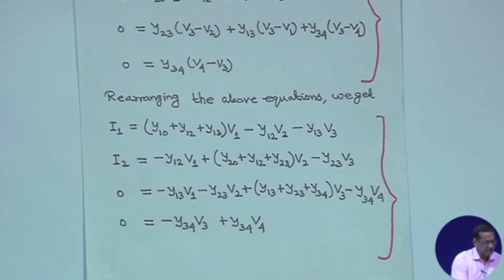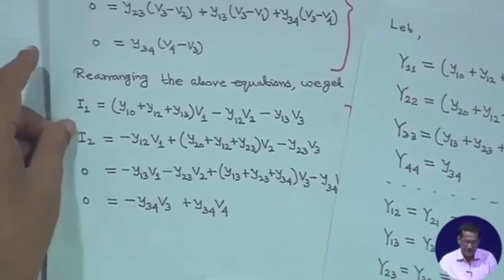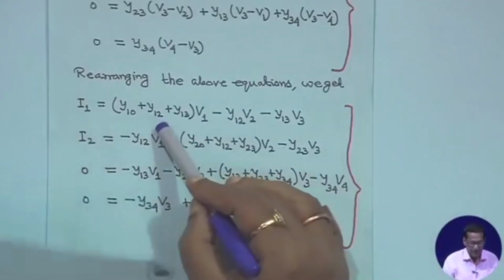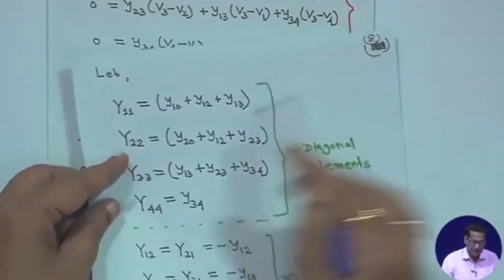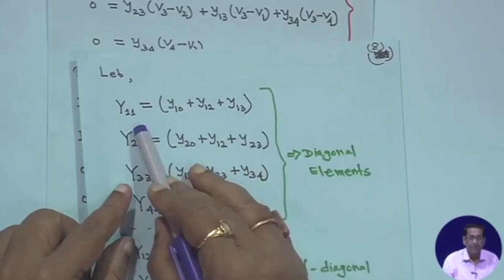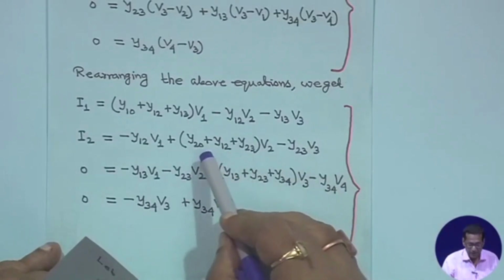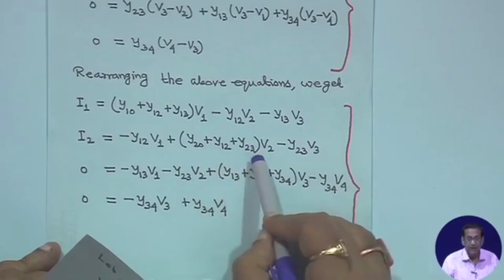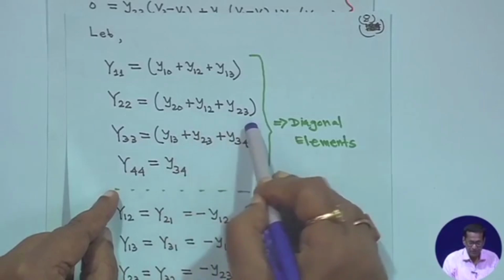Once it is done, then you define capital Y11 is equal to y10 plus y12 plus y13. Similarly, first you define the diagonal elements: capital Y22 is equal to y20 plus y12 plus y23.